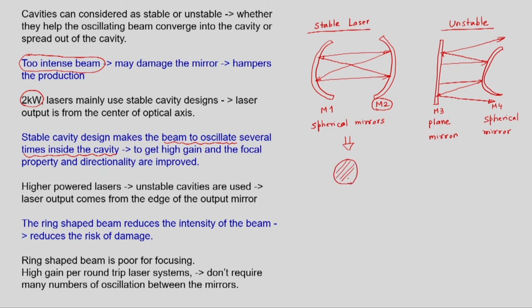However, in unstable mode, we get the output at the annular region, at the border or edge of that spherical mirror, and in general the output in unstable mode is ring shaped. So, the highly intense beam will get diverged out, and we get a ring shaped laser beam in case of unstable output.